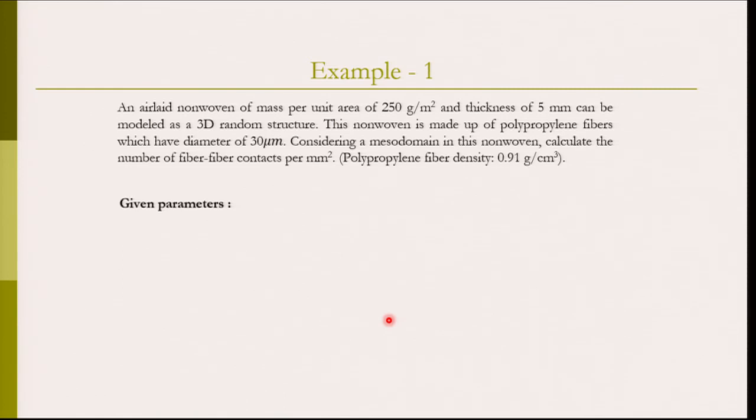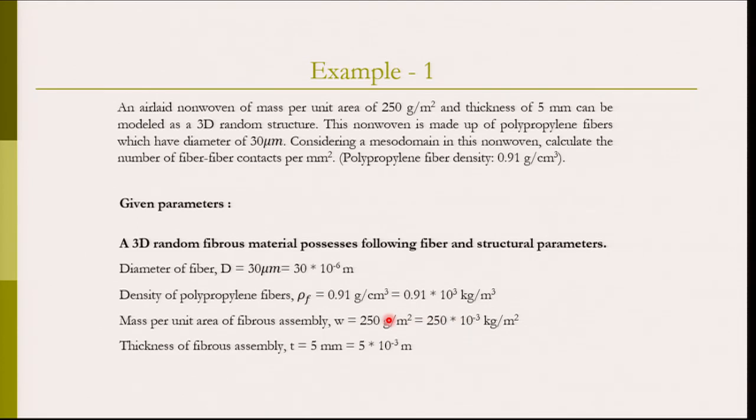So, the given parameters in this problem obviously are that it is a 3-dimensional random fibrous material. So, obviously in this case the Kj would be half, as we discussed earlier. The diameter of the fiber would be 30 microns. So, we convert all the units into SI units. 30 microns will be 30 into 10 raised to minus 6 meters.